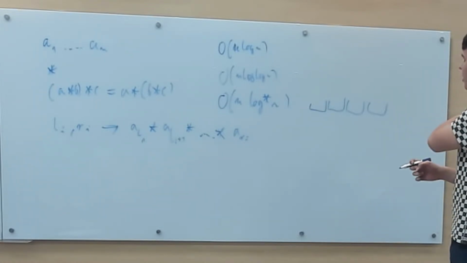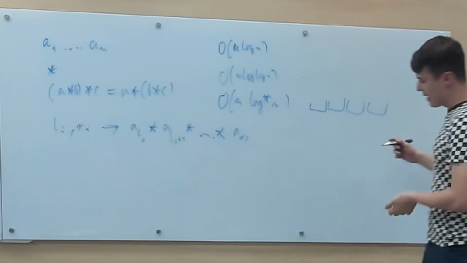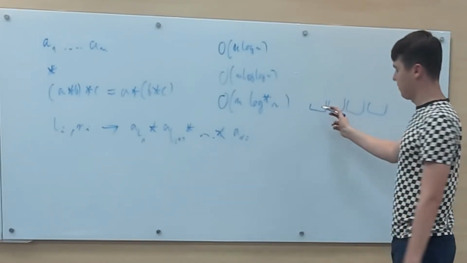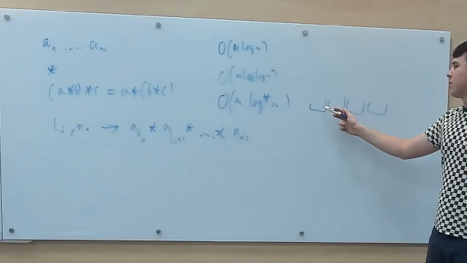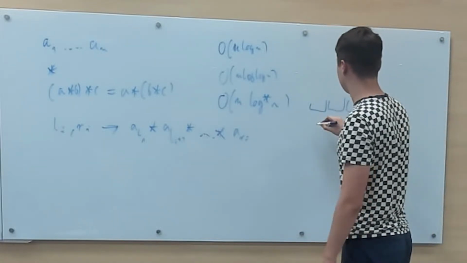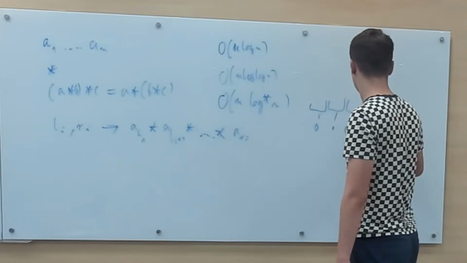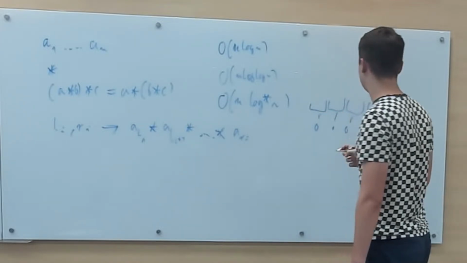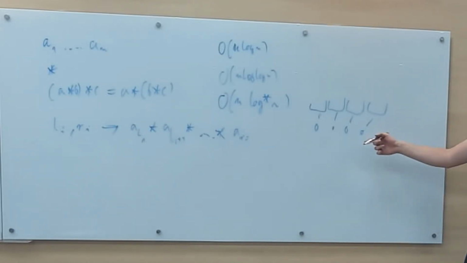Now we can build: for every segment of length logarithm, just calculate the result. And now let's do a divide and conquer on this sequence.